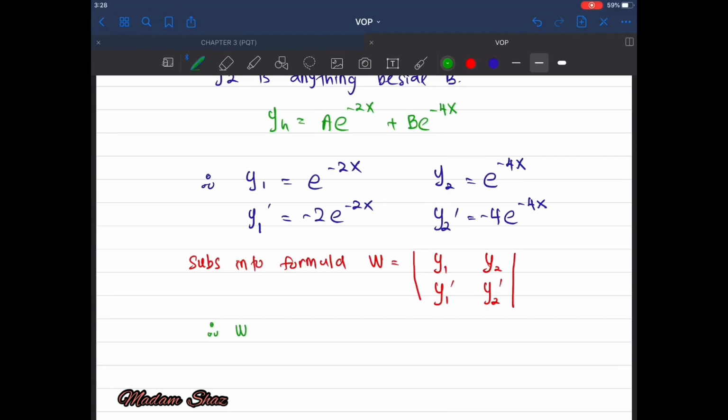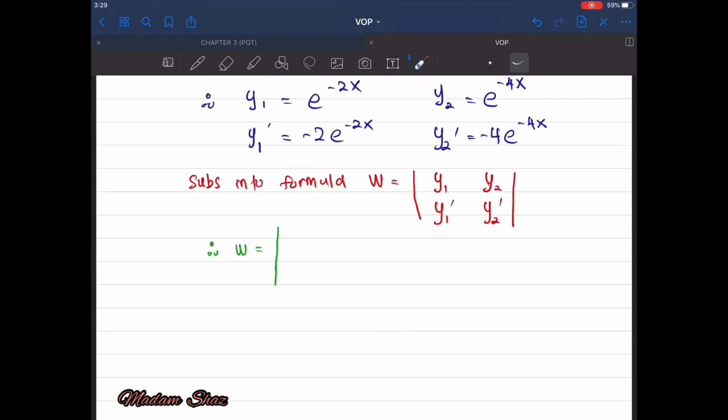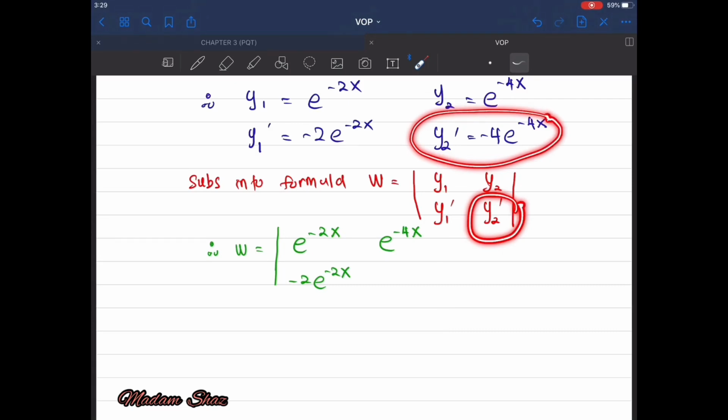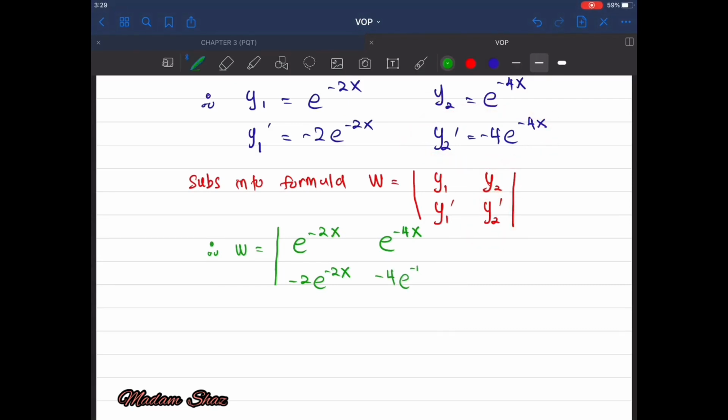So W is equal to, first row, first column, you substitute Y1, exponent negative 2x, then Y2, exponent negative 4x. Second row, Y1 prime, negative 2 exponent negative 2x, and Y2 prime, negative 4 exponent negative 4x.